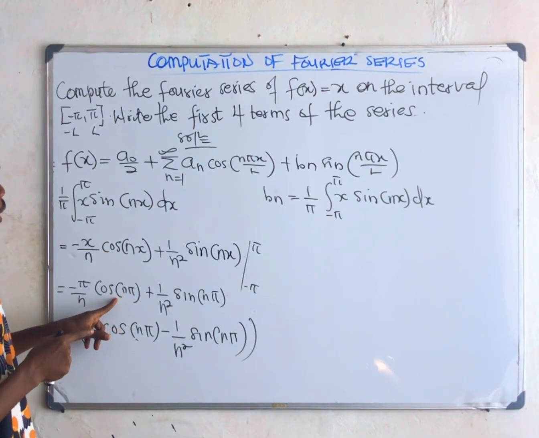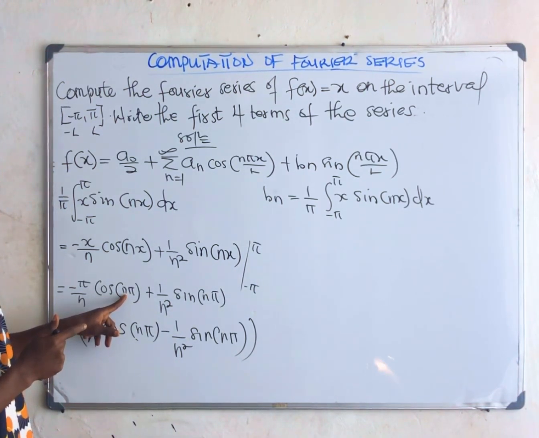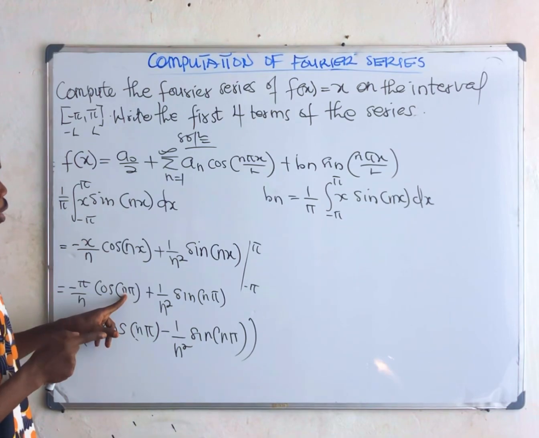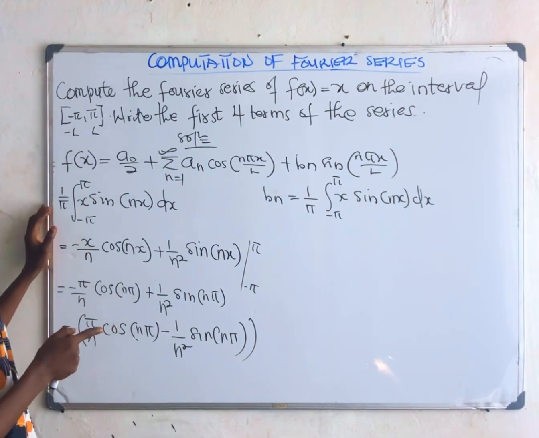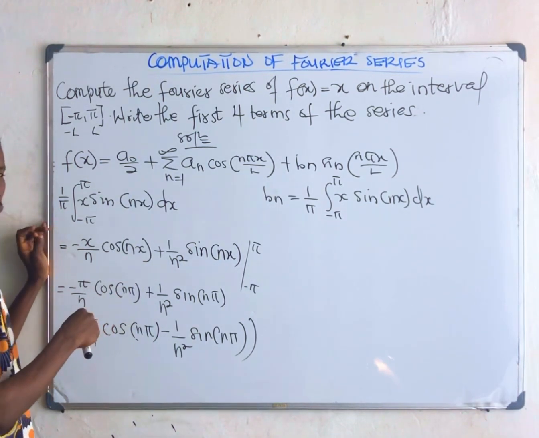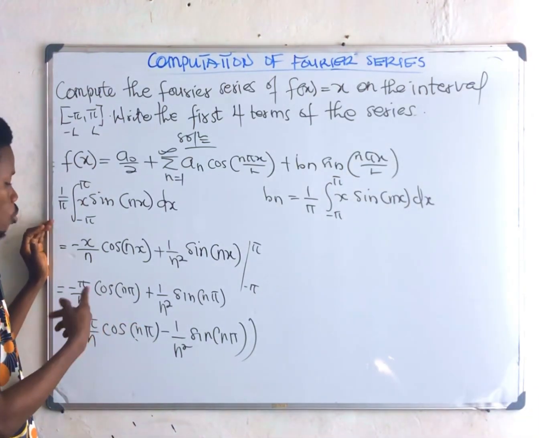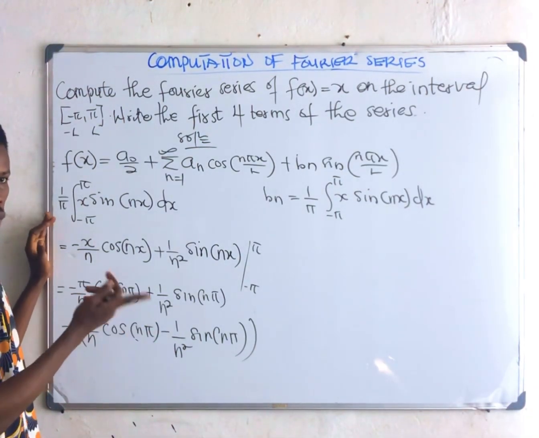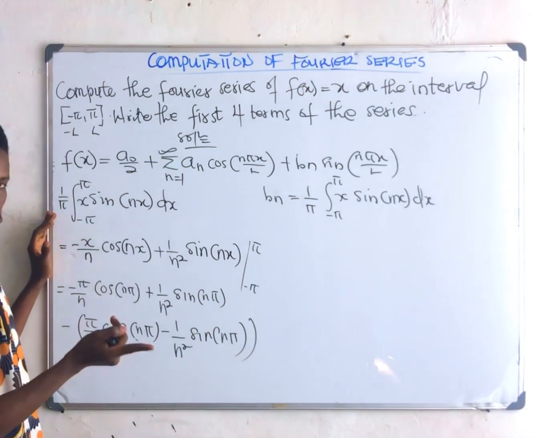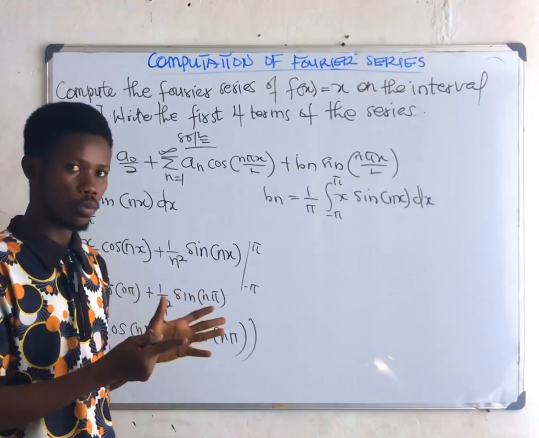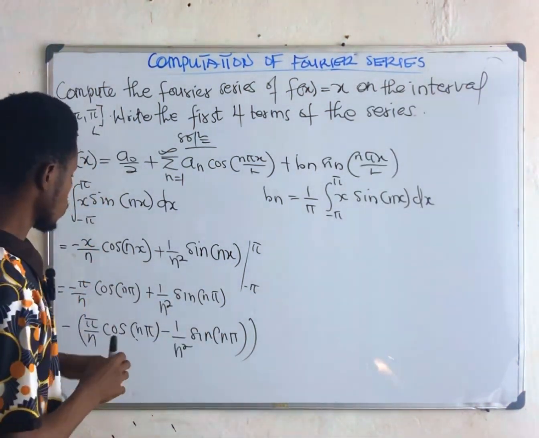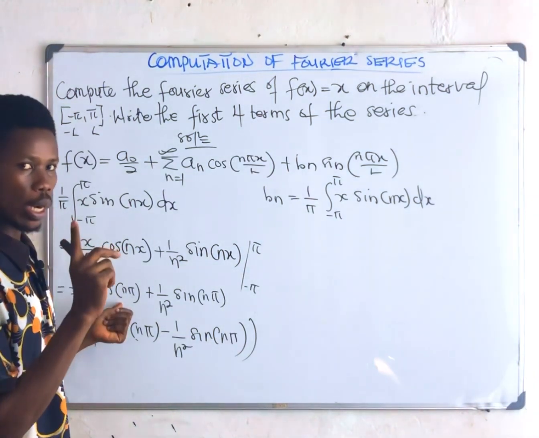When n is 2, we get cos 360, which is 1. So you see, when n is 1, you get 1 or negative 1. When n is 2, you get 1 or negative 1. So it will be rotating like that, either negative 1 or positive 1, over and over. So what do you do to make it one number?